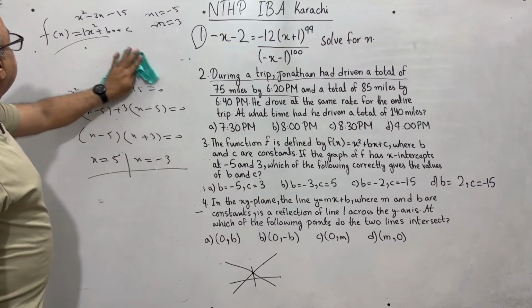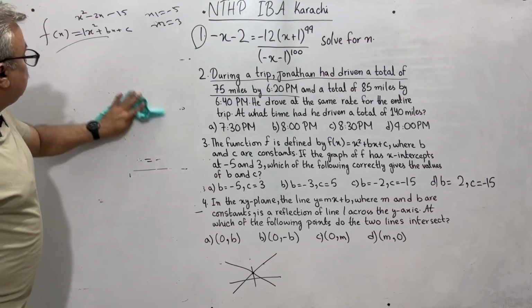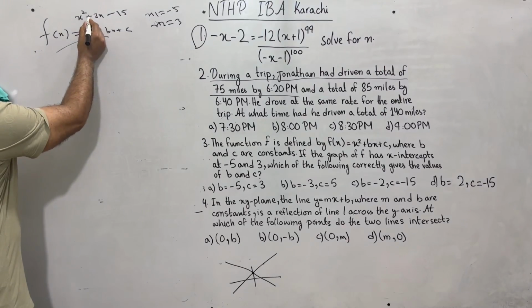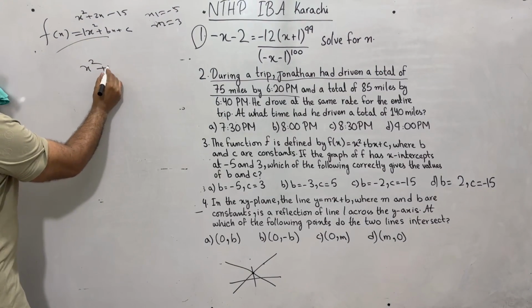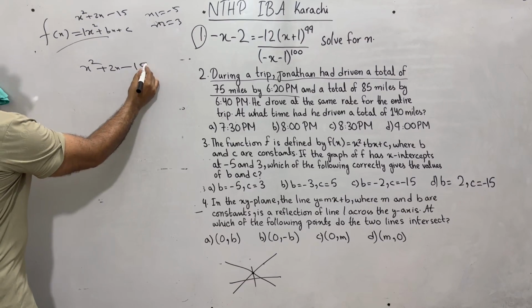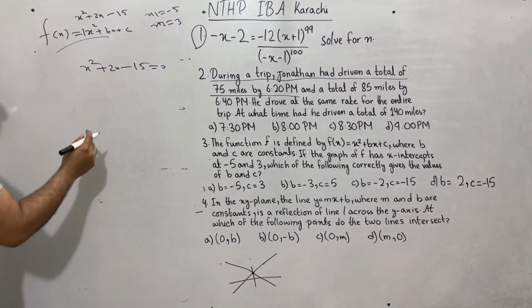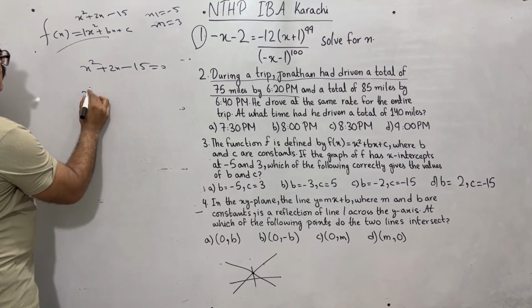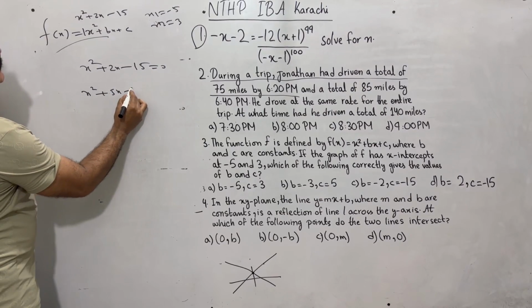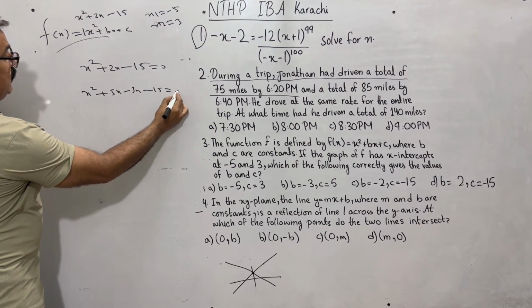The value of b is going to be the positive one. Let's see and find out. x square plus 2x minus 15 is equal to 0. Again 5 times 3 is 15. x square plus 5x minus 3x minus 15 is equal to 0.